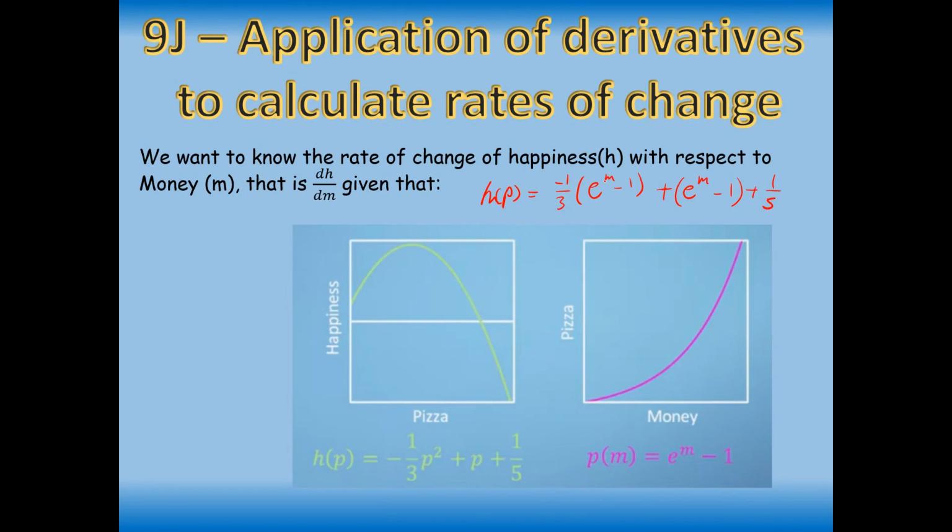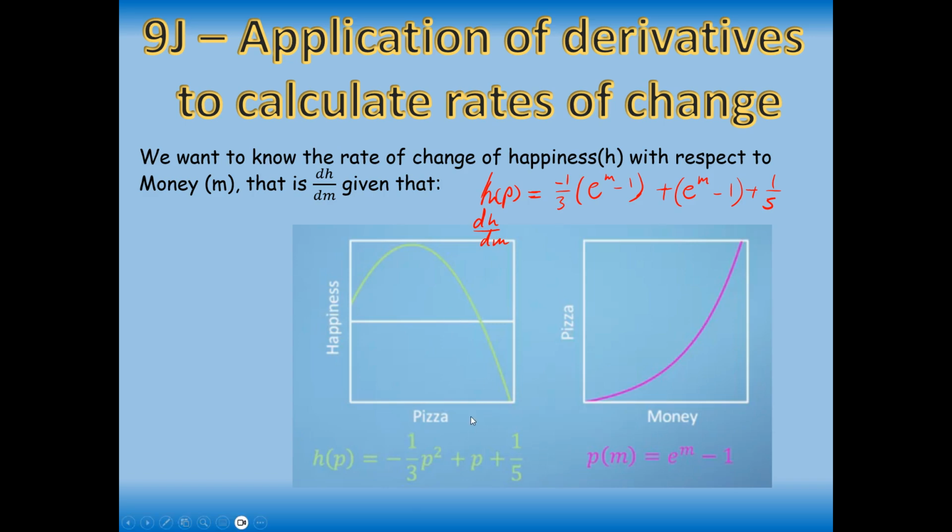And we can differentiate this with respect to m to figure out dh by dm. But that's a long way to do this. There's a shorter way that we can actually figure out the answer to this problem.